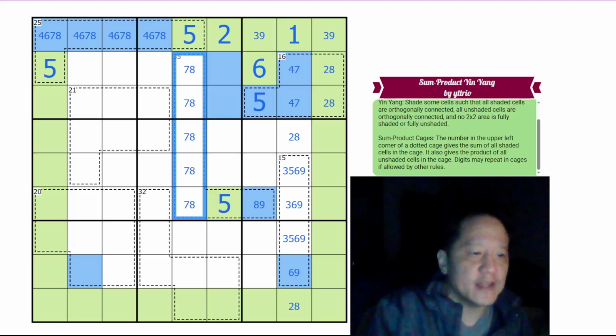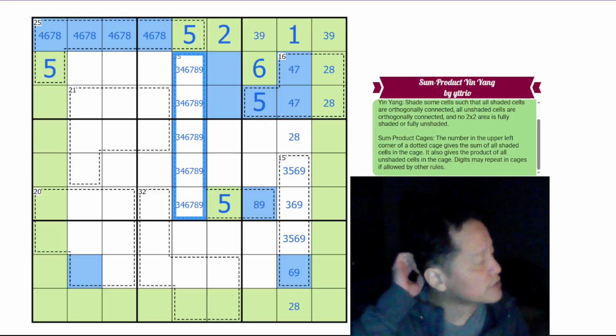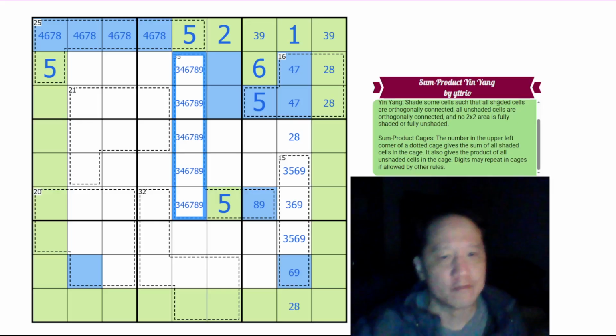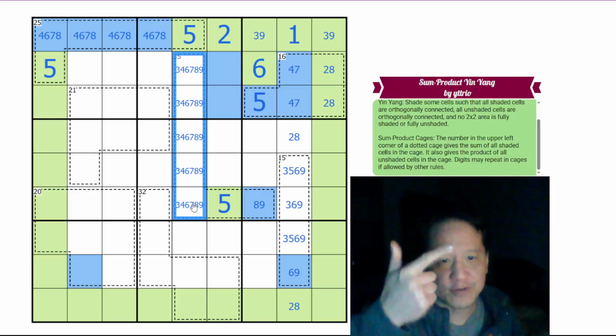And you have to have 8, 9, and 6 here, and then either 3 or 4. Because only the 4 could go down 1, right? You can't have a 5 here because of the 5 in the column. So you're guaranteed 3, 4. You're guaranteed 6, 8, 9, and 7 here. 7 to multiply with 5 to multiply to 35.